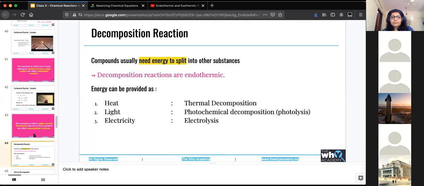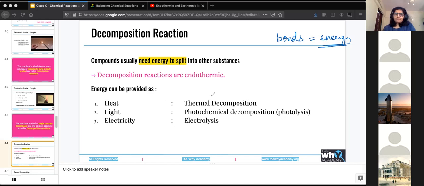So in order to break down, compounds need energy to split into other substances. One point, just keep in mind, it will help a lot. Bonds literally equal to energy. Okay.